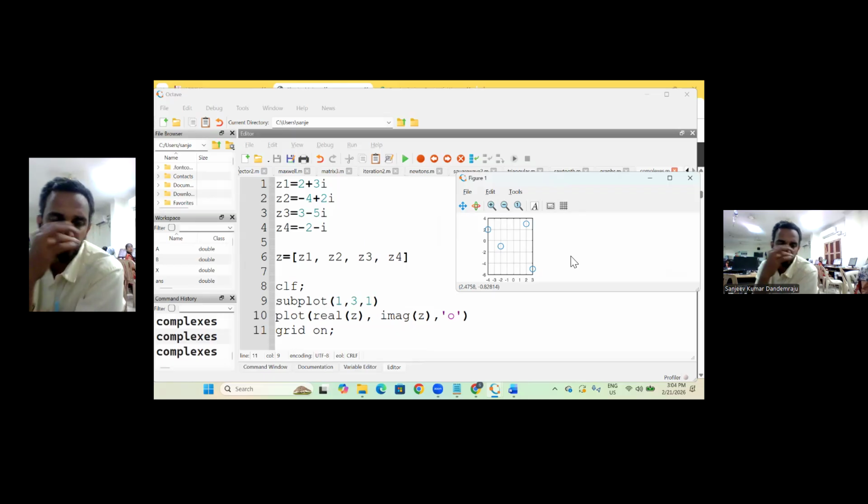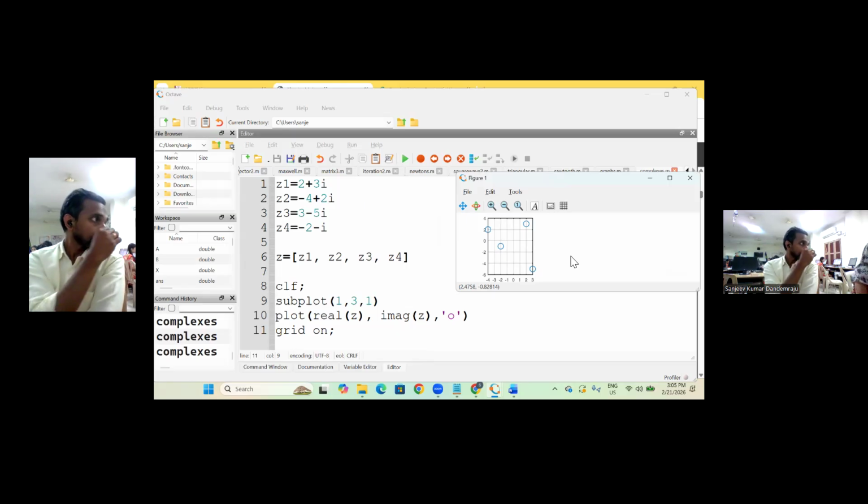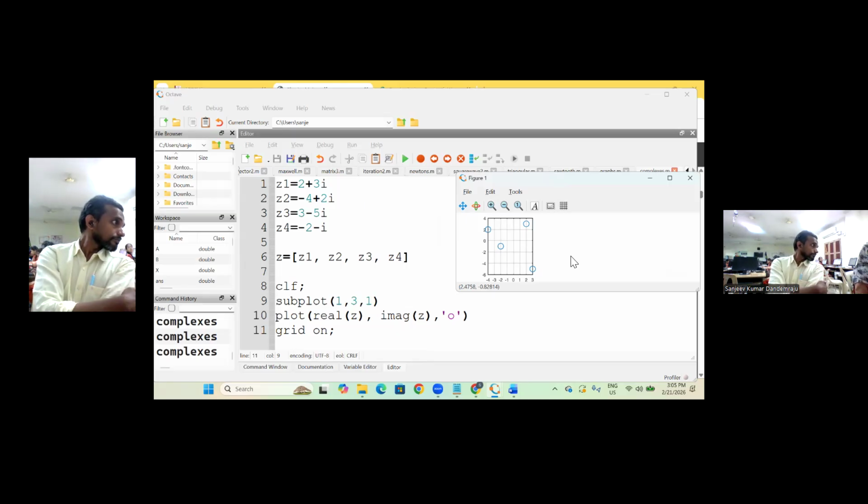Dots or circles, whatever it is. Okay, it is a program.